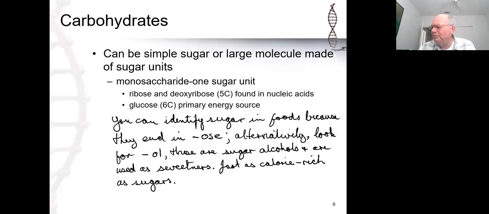Those are the two that typically are used in food as alternative sweeteners.